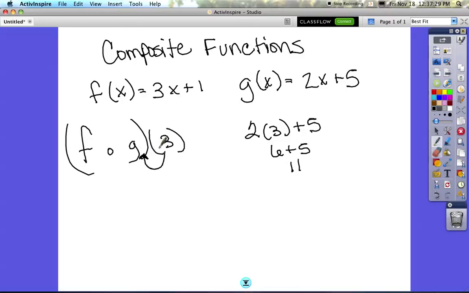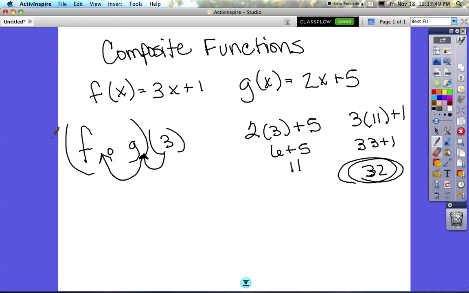Then 11 is going to go into the f. So the f equation is 3 times 11 plus 1, 33 plus 1. So 32 is the final answer that I'm looking for. I'm sorry, 34. I guess I was thinking subtraction. Thank you. 34 is the final answer that I'm looking for.